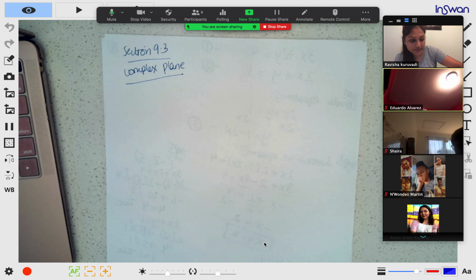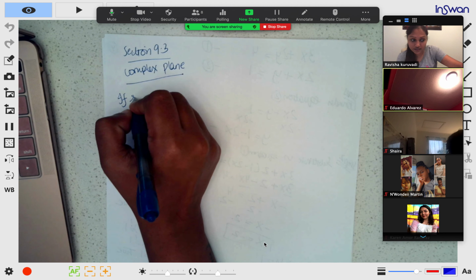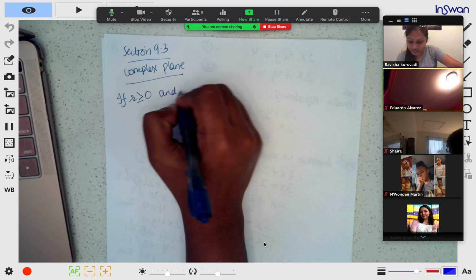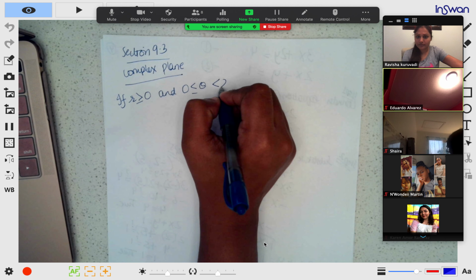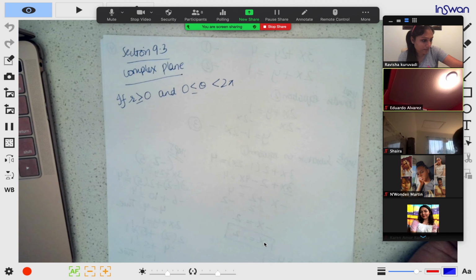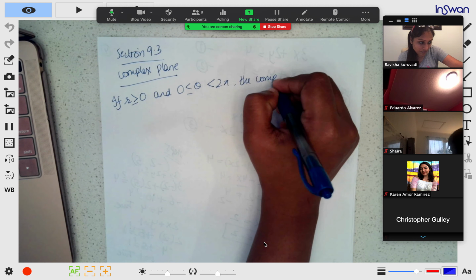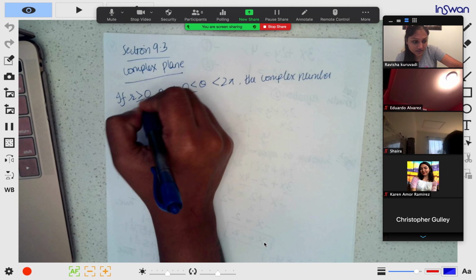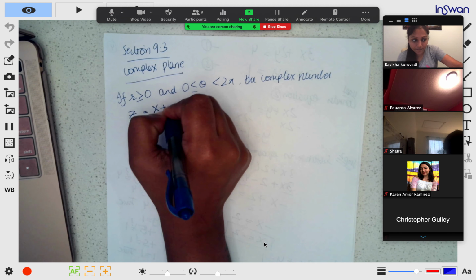So it says if r is greater than 0 and my theta is between 0 to 2 pi, the complex number, note my complex number is z is equal to x plus iy.